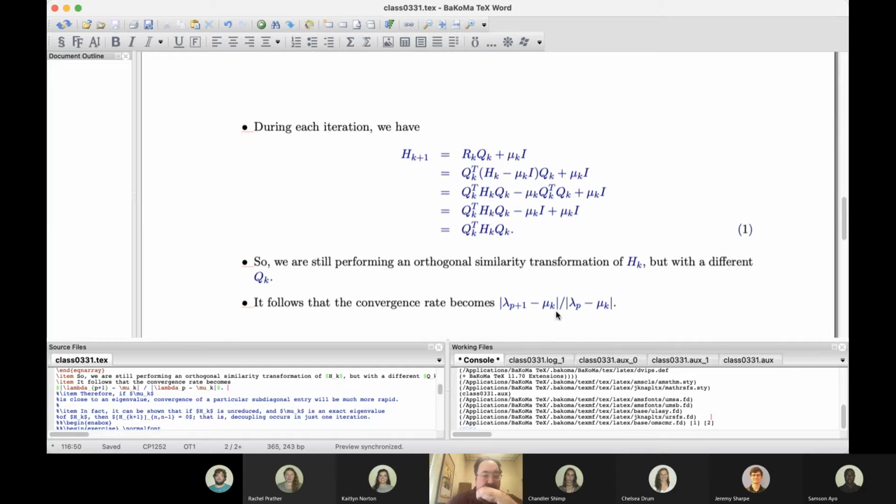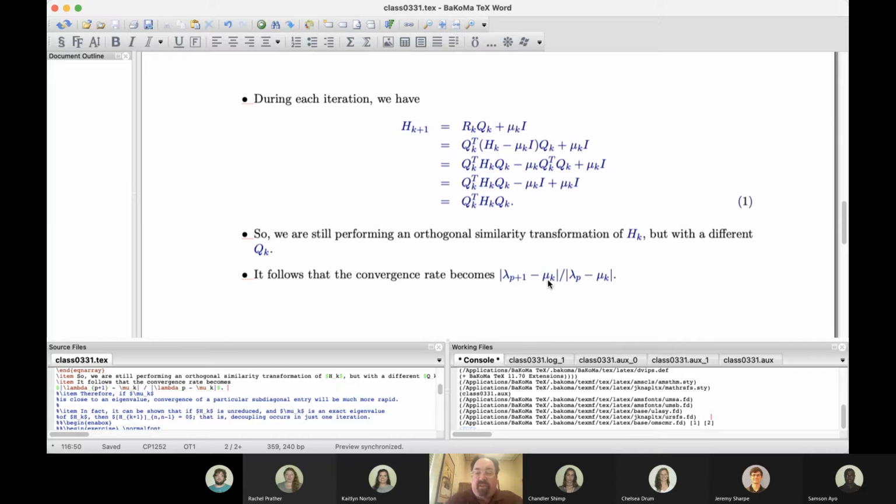Well, certainly if mu is close to this eigenvalue, then we can drive this convergence rate to something near 0. So then we get very rapid convergence.